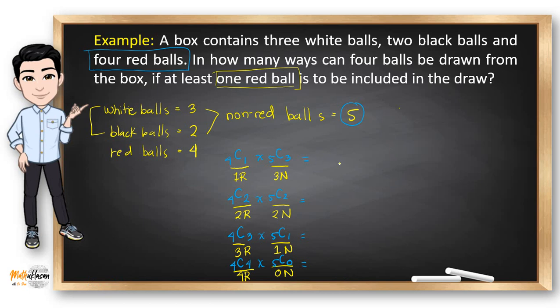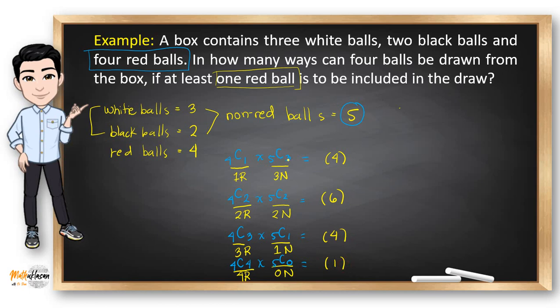So 4C1 is just equal to 4. 4C2 is equal to 6. 4C3 is equal to 4. And 4C4 is just equal to 1.